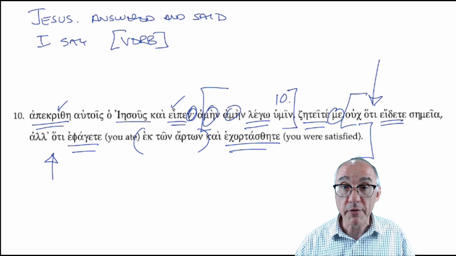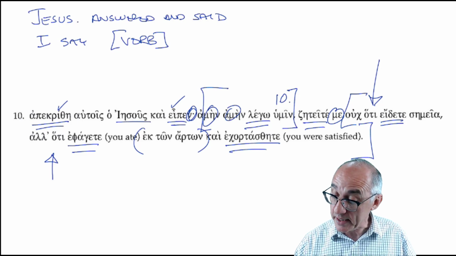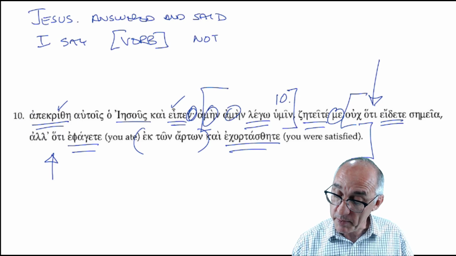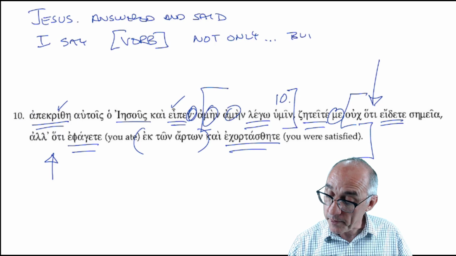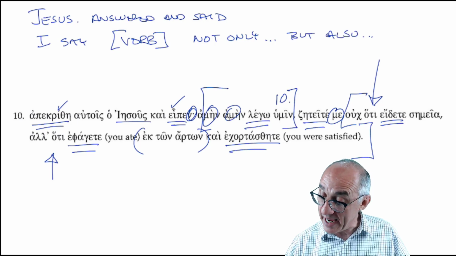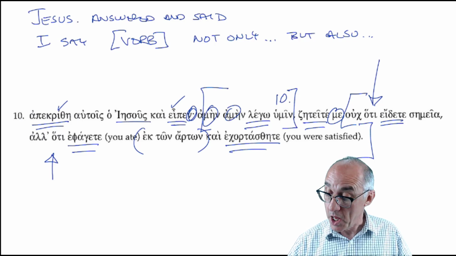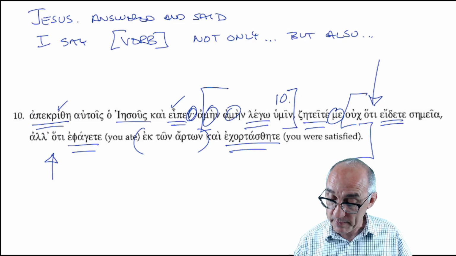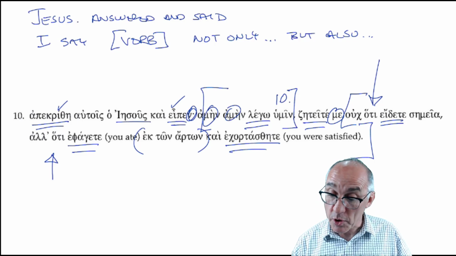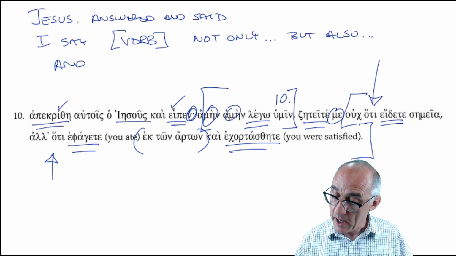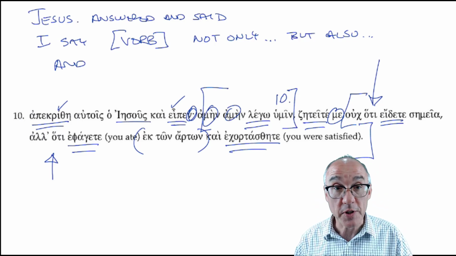And then we have the parallelism of hoti hoti, which means not only, but also. See, not only edete, but also ephagete, and moreover, and exhortastete, you were satisfied.